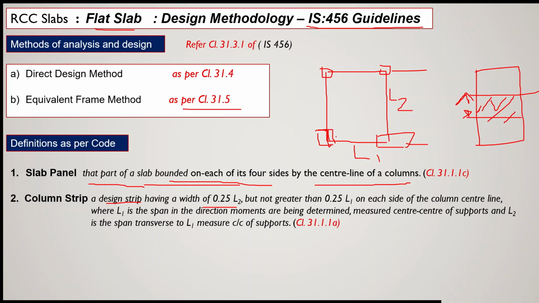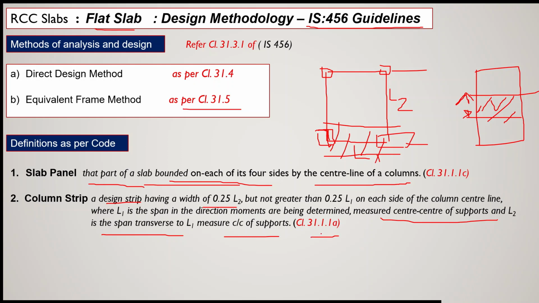Now this is column center line, so that means this portion and there will be another. So this will be the column strip, with L1 measured center to center of supports, and L2 is the span transverse. So if this is L2, then L1 is this side, measured center to center of support.